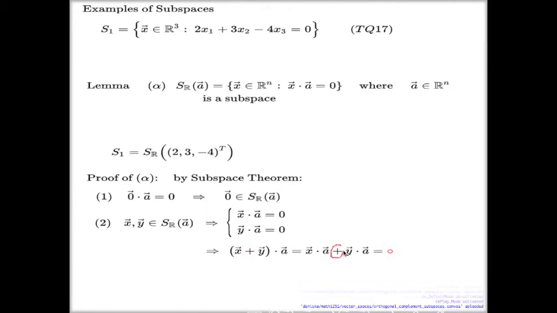Think about that. Because x came from the set, this is 0, and if you add 2 zeros, it is 0. If I now interpret this relation again in the context of my proposed subspace, I can claim that x plus y is in my set.